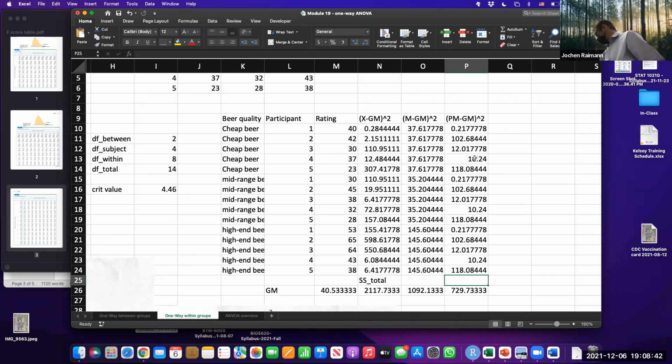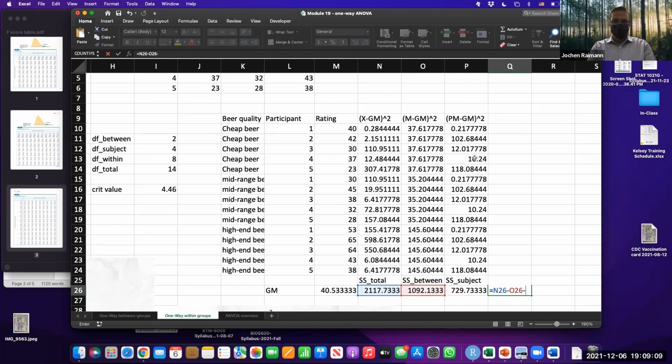This is the sum of squares between. This is the sum of squares participant, or subject. And now we want the sum of squares within, which is this minus this minus this. And we're done.